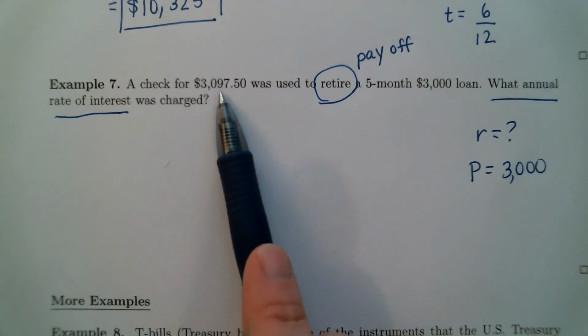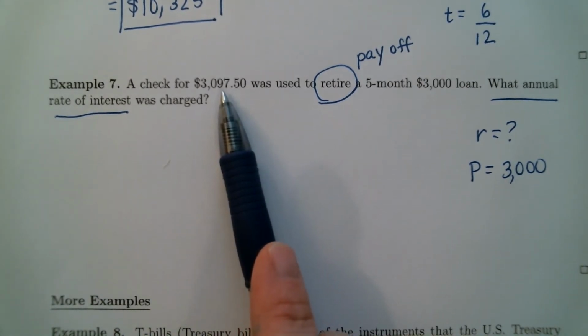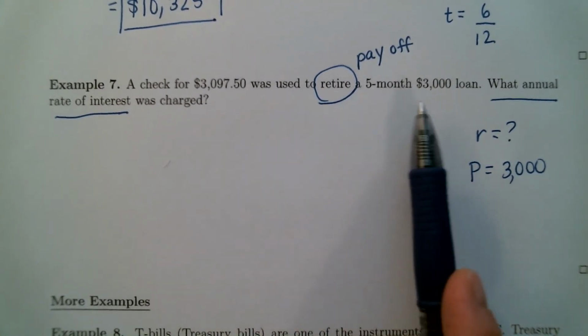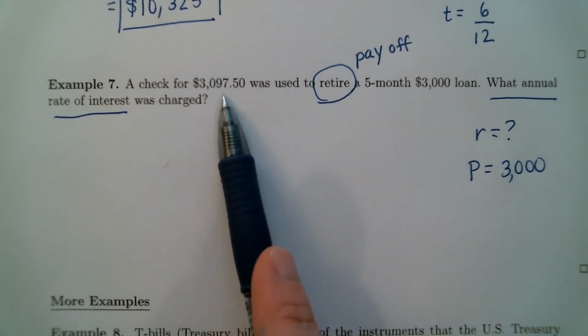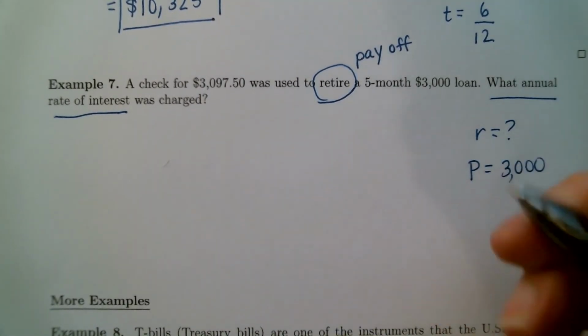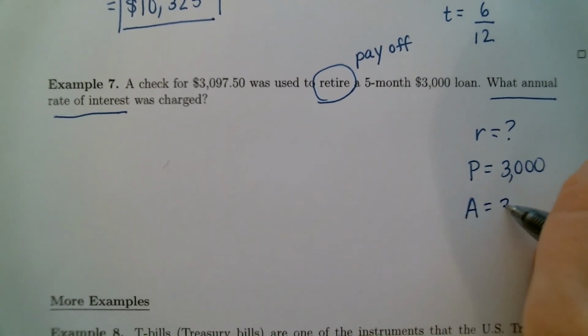This looks more like the $3,000 loan plus the interest that was accrued. So this is the present value, how much money we borrowed, and this is how much we pay back in the future. So $3,097.50 is the A value.